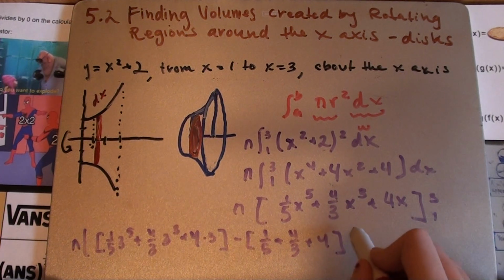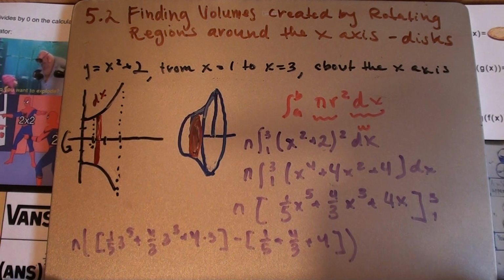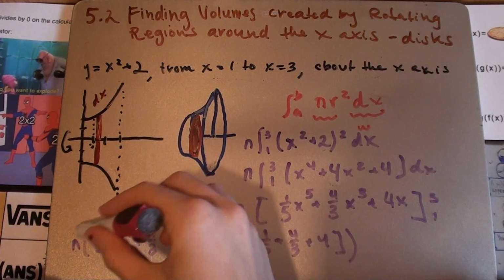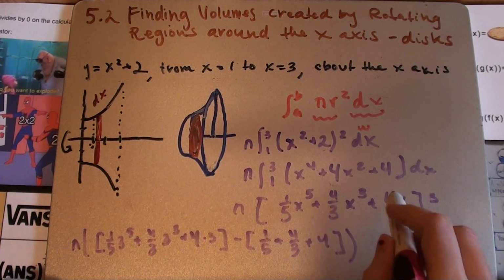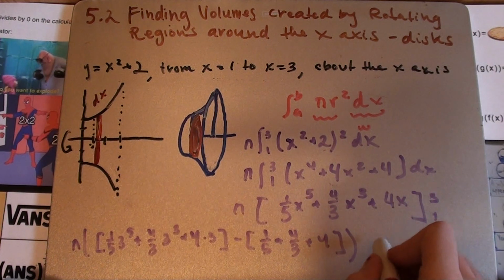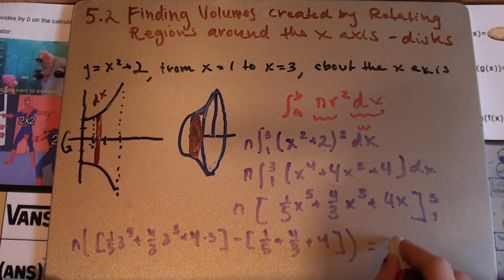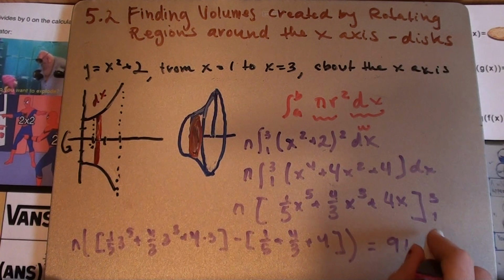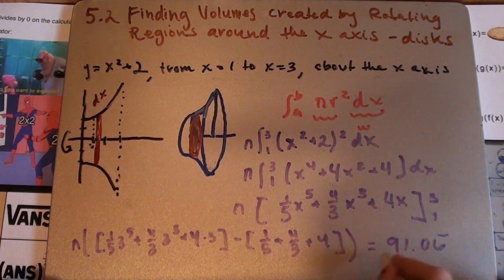Plugging this into our calculator, this whole thing becomes a very ugly decimal, 91.06 repeating, which is the same thing as 1,366 over 15.